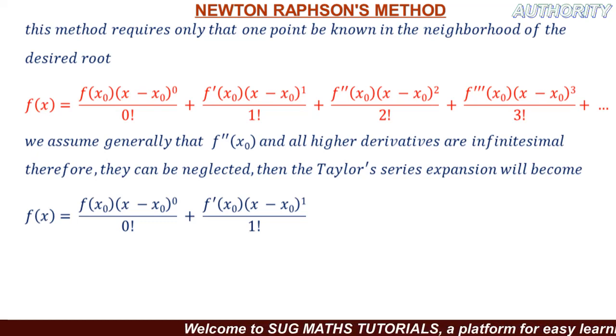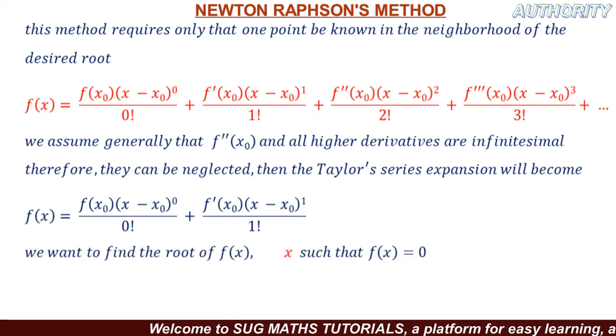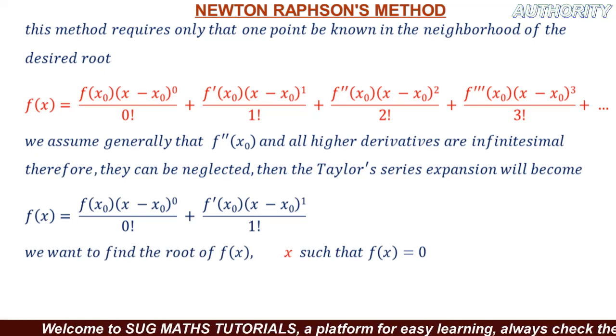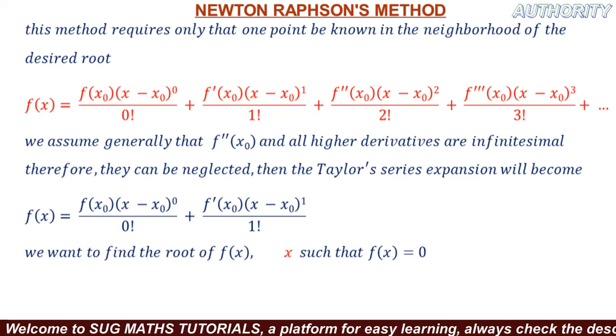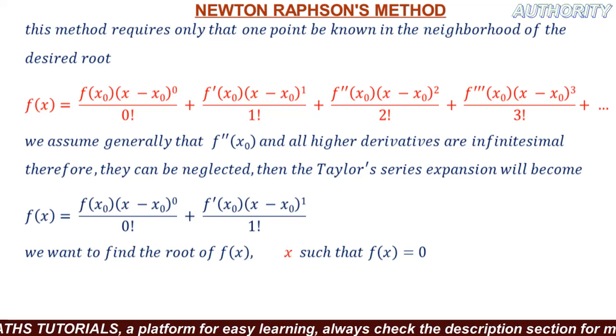From here we want to find the root of f of x, which is the value of x such that f of x gives you 0. That is the solution, or that is the root.